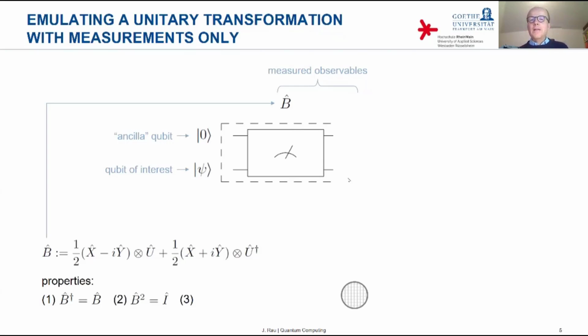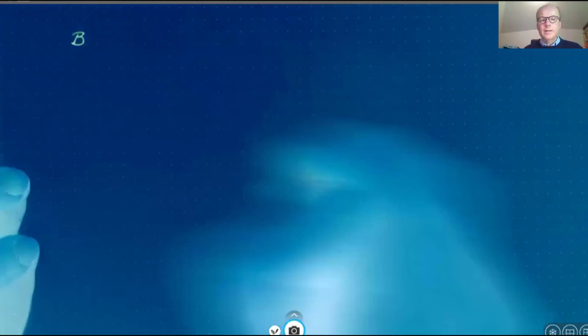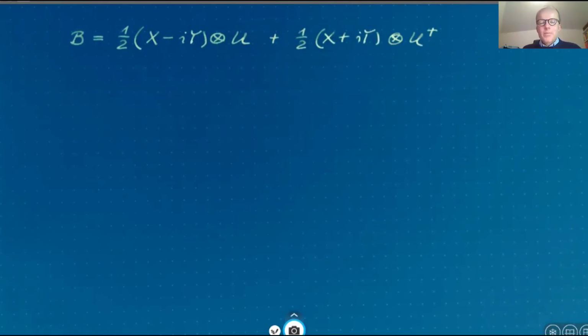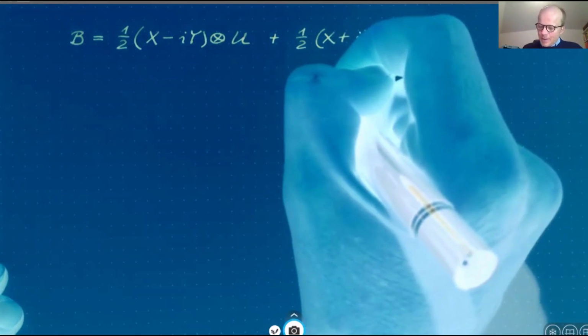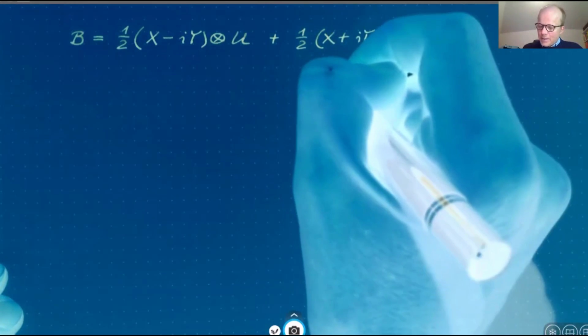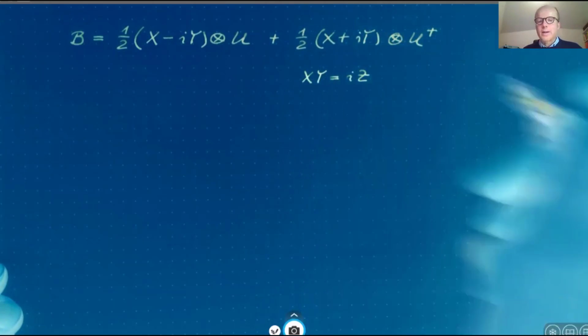Now, in order to see that, we can write the observable in a slightly different fashion, and then it's easier to see. Now, remember the properties of the Pauli operators. One of the properties was that Pauli x times Pauli y is i Pauli z, for example.